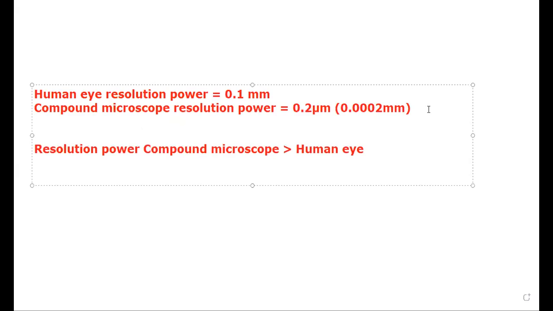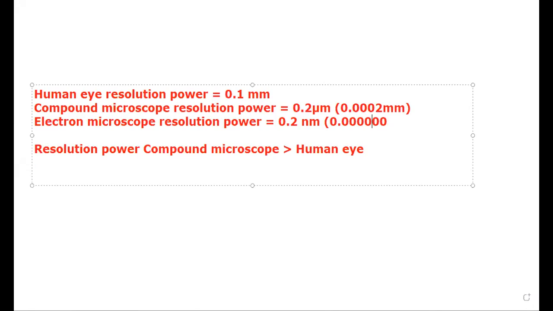Now see, the resolution power of the electron microscope is 0.2 nanometers. That is actually 0.000002 millimeter.